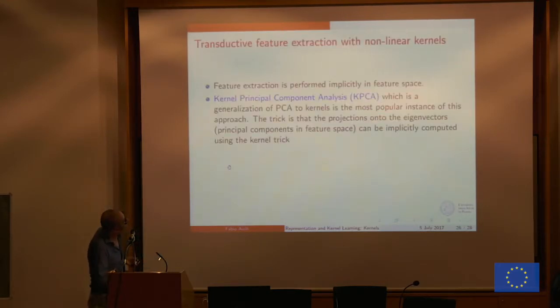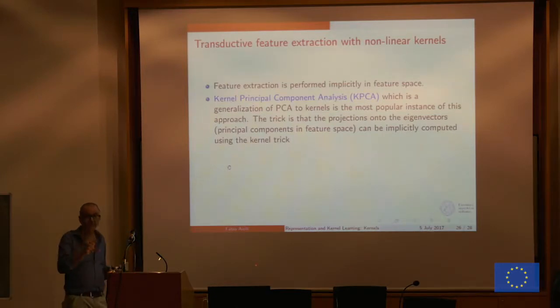Another kind of approaches that are currently used are the ones that perform a kind of feature extraction implicitly in feature space, for example, kernel principal component analysis. Maybe some of you may recognize principal component analysis as one of the most popular methods for feature extraction for linear data.